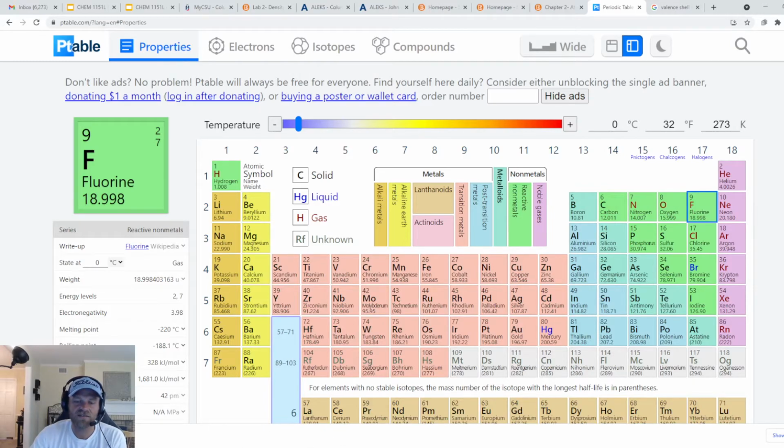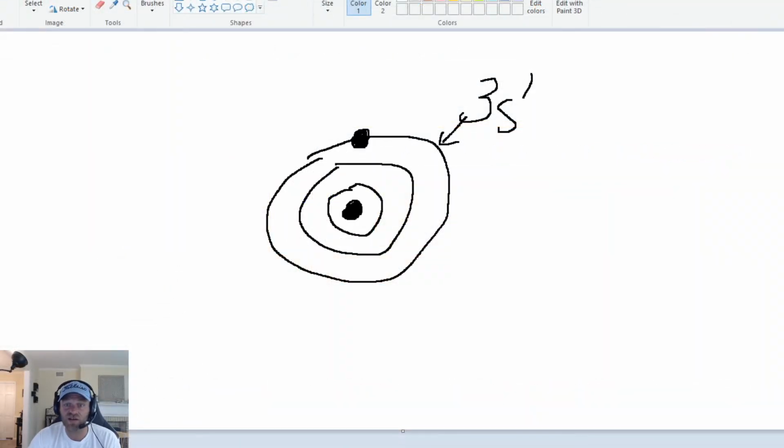And what an ion just means is it has 1 more electron than it should. Right? I have added an electron to this outer level here, and I have made it an octet. So now it has 8 electrons on that outer shell. This 3s is no longer applicable, so let me cut that out.